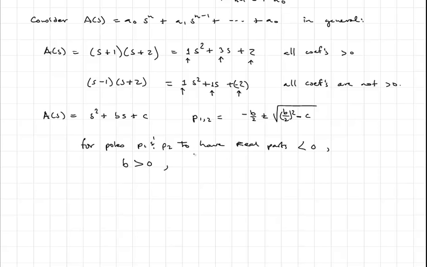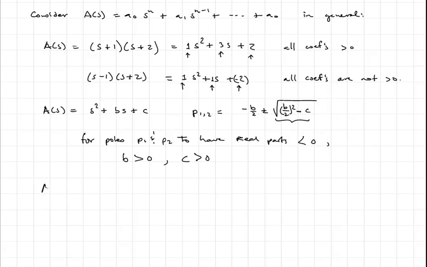And furthermore, notice that if c is negative, then this radical term here will have a value that is actually greater than b over 2. And so when you add that to our first term, minus b over 2, the resulting pole will actually be positive. So therefore, we also need c to be greater than 0.